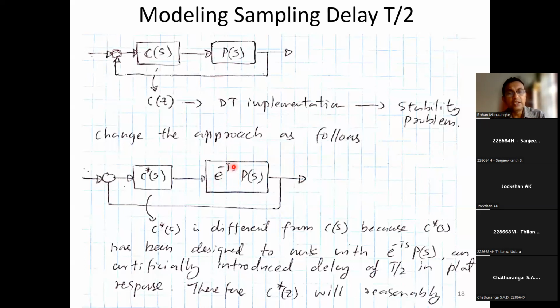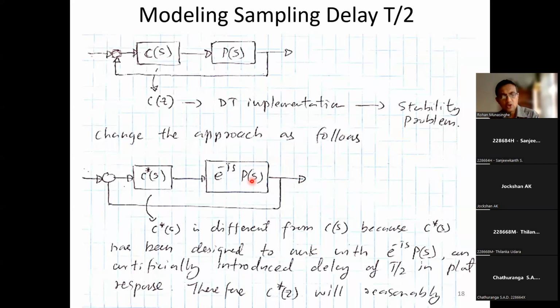You put e to the minus Ts in front of P(s). So this is the time delay version of P(s). Now you design your controller based on the time delayed version of the plant. This is also very good. Now here you can do this without ever going to the discrete domain.